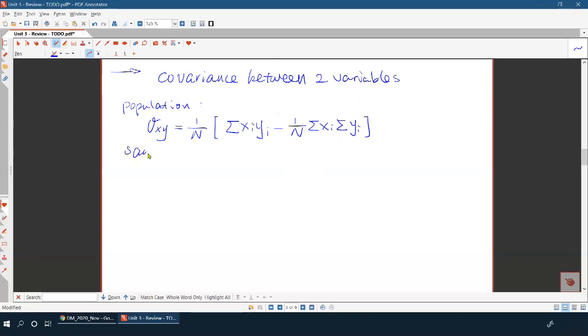Okay, for sample data, the formula is Sxy equals 1 over n minus 1. Okay, pay attention to the difference here.